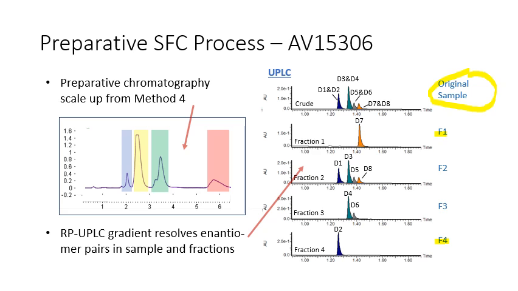We can see fraction 1 is complete, for example, because there is a peak in fraction 1 that has the same retention time as a similar peak in fraction 2.